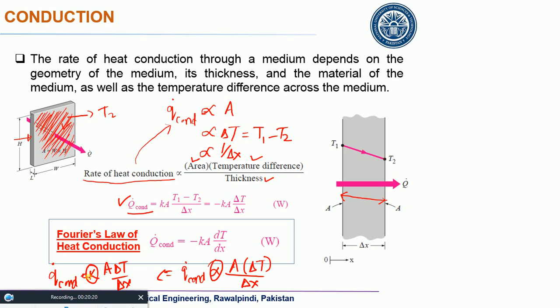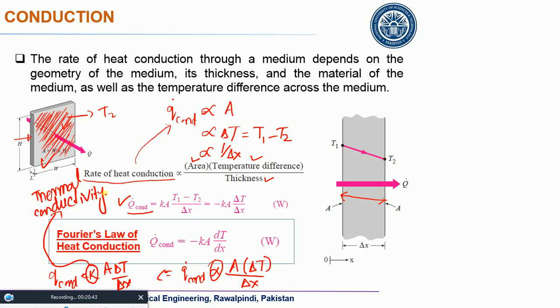This K is known as the thermal conductivity of the material of this wall. Now this K represents how efficiently a material conducts heat.